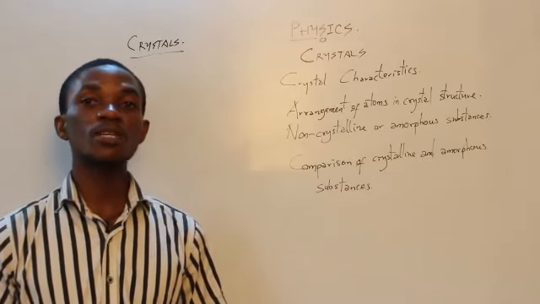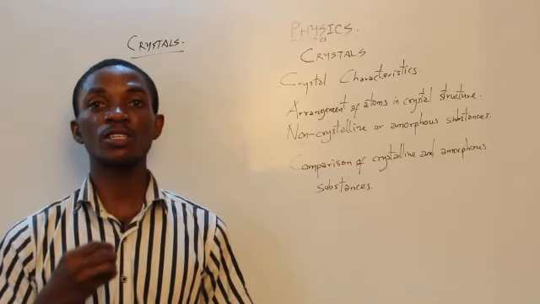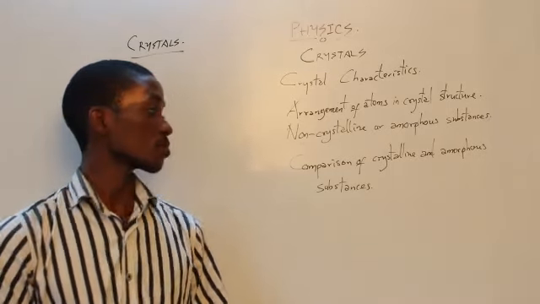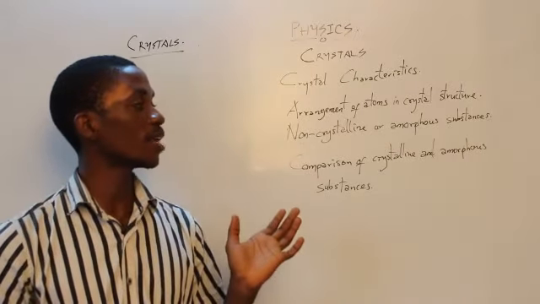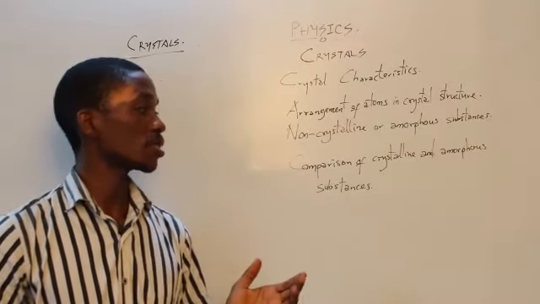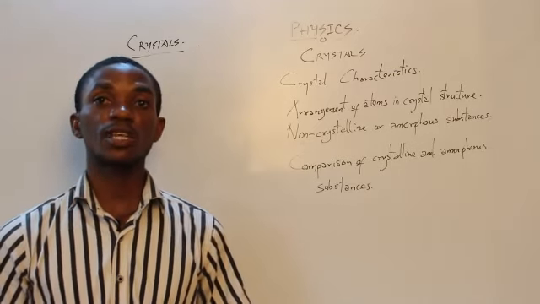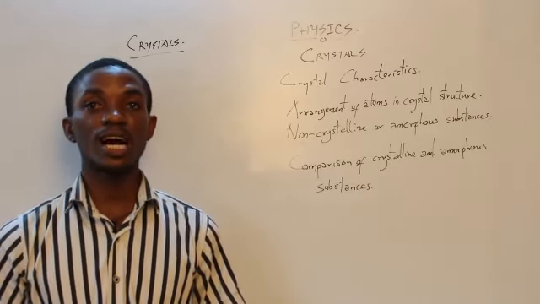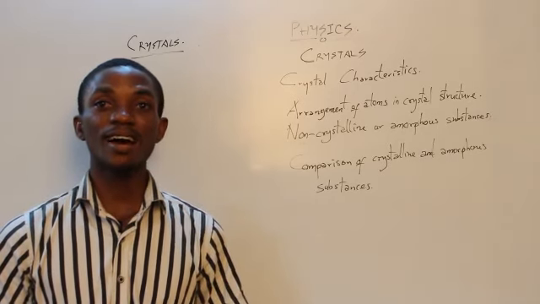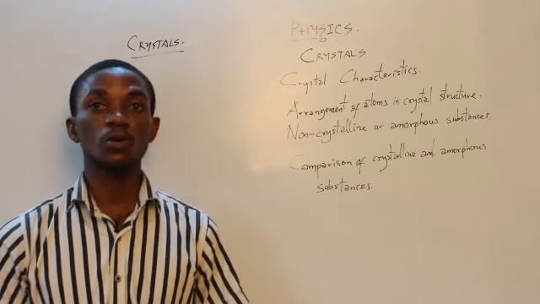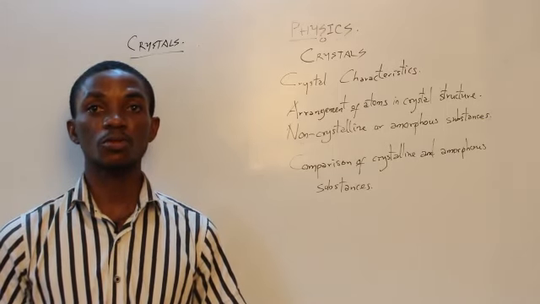We talked about the arrangement of atoms in the layers, in the structure of crystals as crystalline lattice. And we also compared the crystalline substance and the amorphous substance with each other. We said crystalline substances are generally hard. They have very high melting points. They have definite structure against what we have in the amorphous substances.